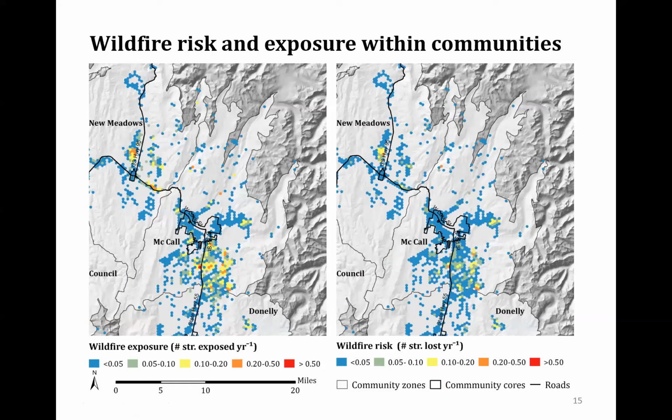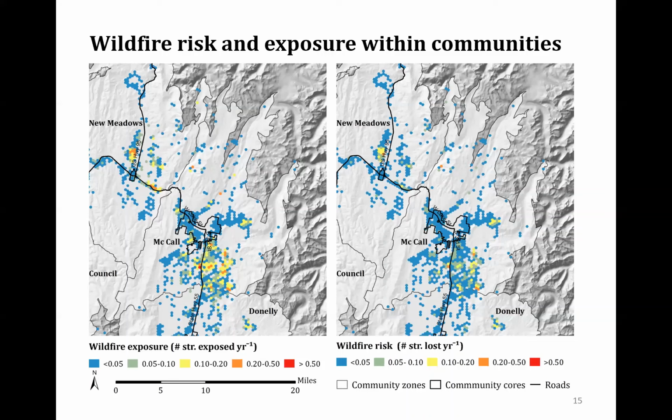This information can be also summarized in community maps. In this specific case, just for visualization reasons, we use the 20-hectare HexNet, and the total exposure and total loss in the HexNet. And this is really interesting because here you see that the patterns are really similar, but not the same.